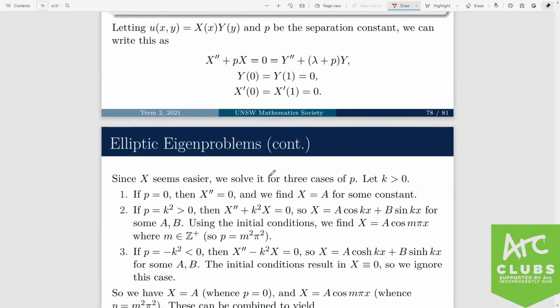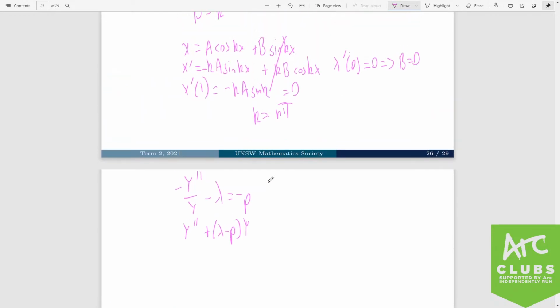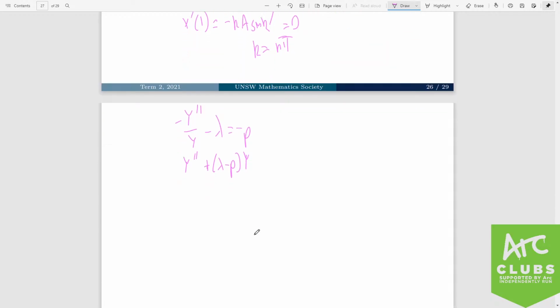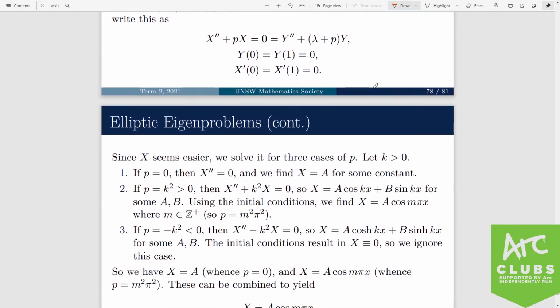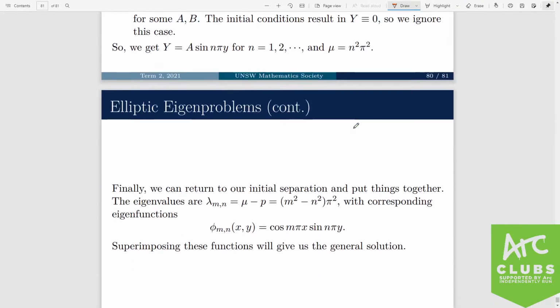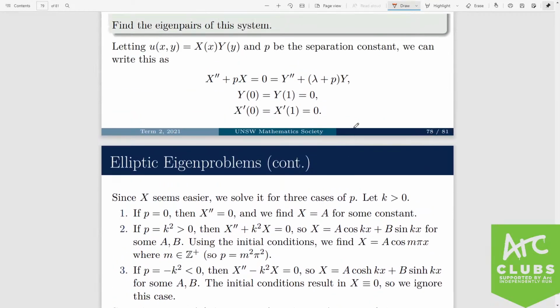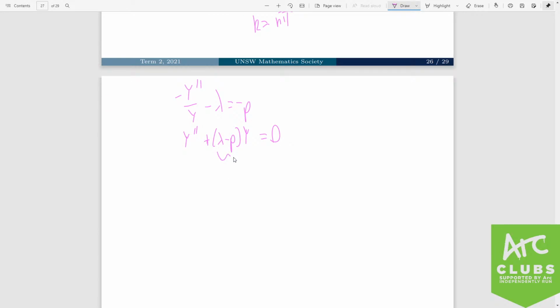Okay, I might have made a mistake in one of my solutions. But anyway, we get Y'' plus (lambda minus p)Y equals 0. I think I had lambda plus p. Interesting, but anyway, what we do is we let mu equal lambda minus p.